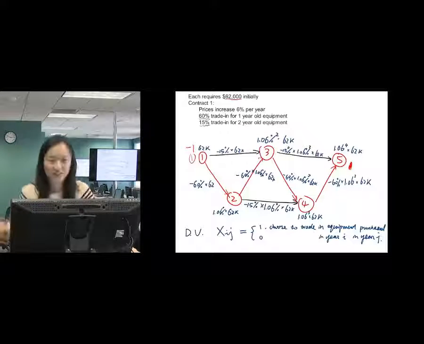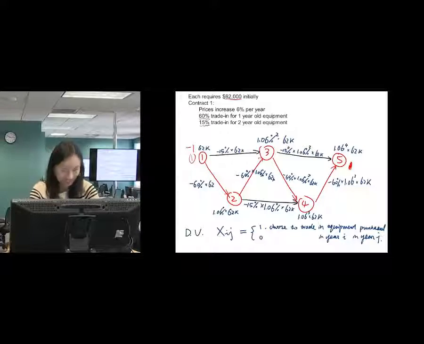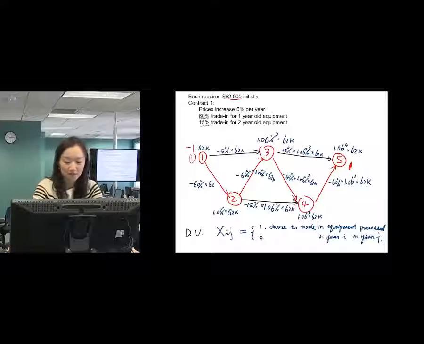So read it to see if it makes sense, or if you have a better way to express this. So we're saying choose to trade in the equipment we purchased in year I, now in year J. So this year J means the trading year.